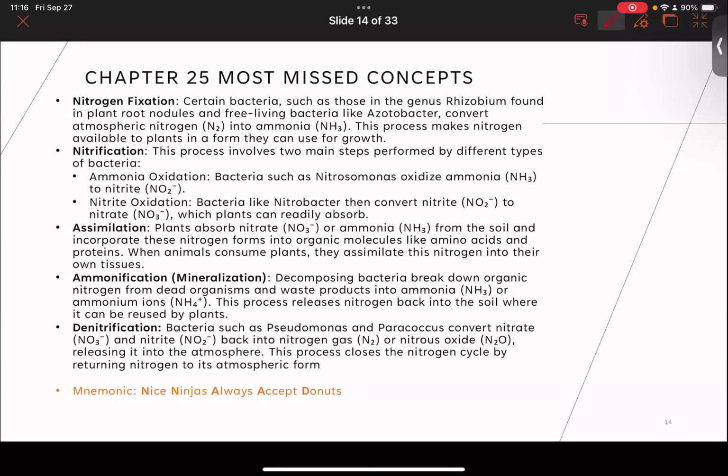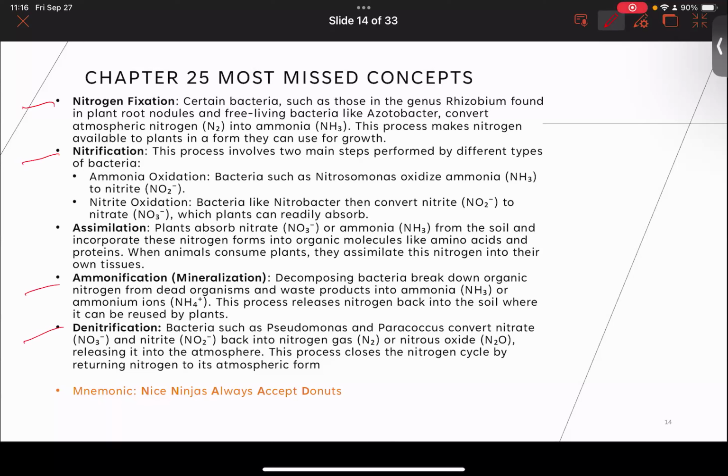But this is the breakdown of what those terms meant, where I mentioned briefly about nitrogen fixation. So that's essentially turning that nitrogen that's in the atmosphere into a form that plants can use. And then there are different steps in the middle or at the side, where we can be doing nitrification or ammonification, or denitrification, that all work together to make nitrogen usable and exchangeable within the soil environment, or really anywhere that we have bacteria dealing with nitrogen.